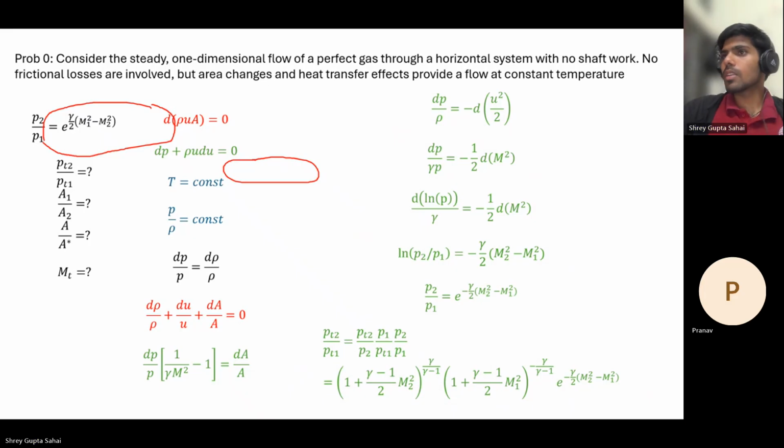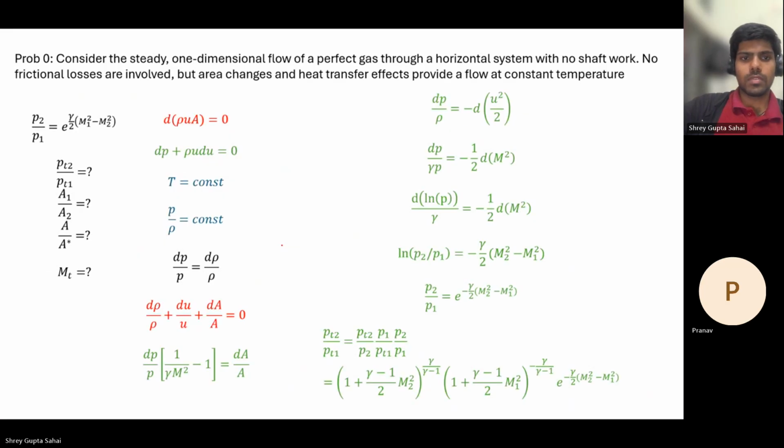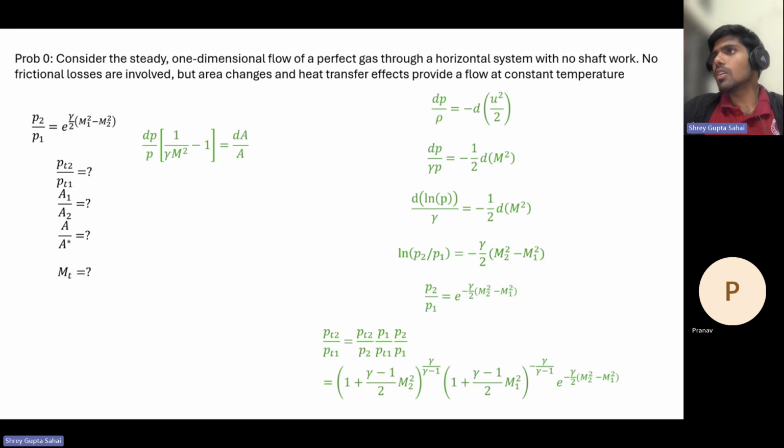So let me remove a couple of expressions from here, this and this.